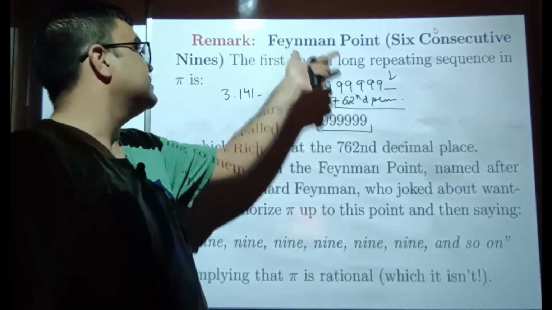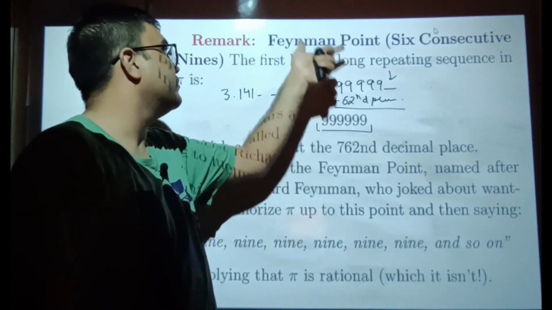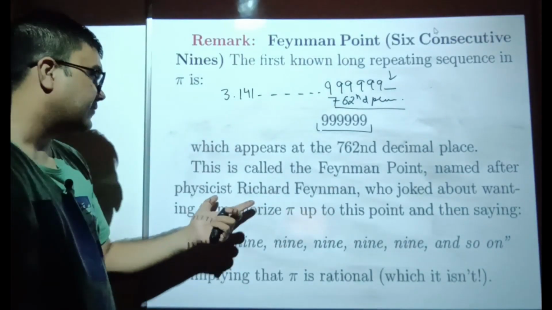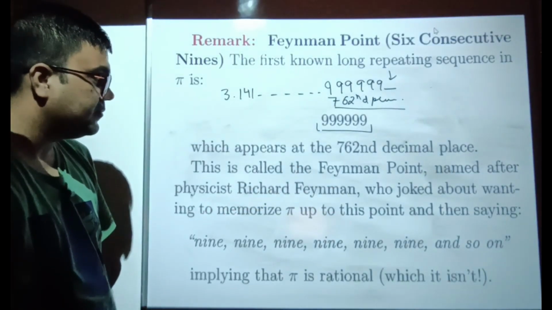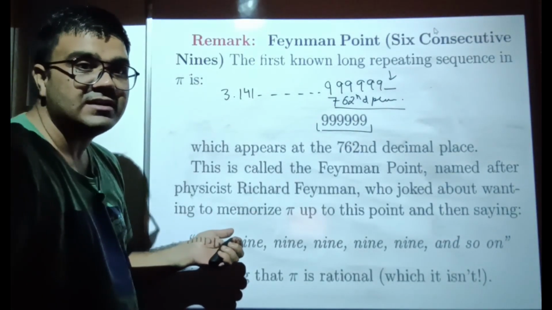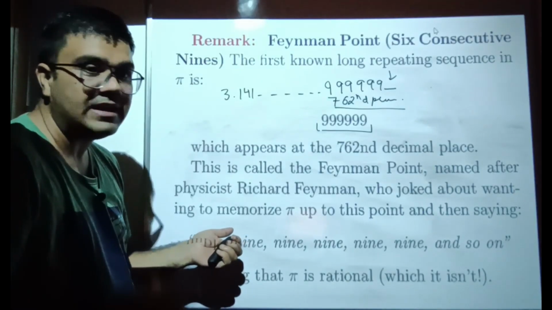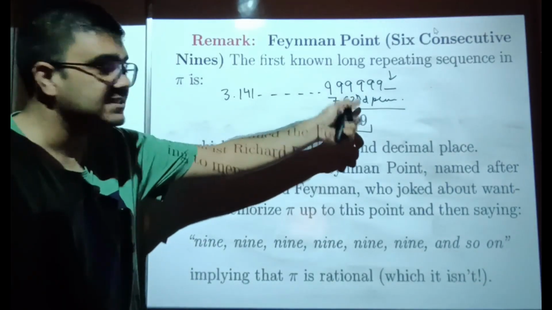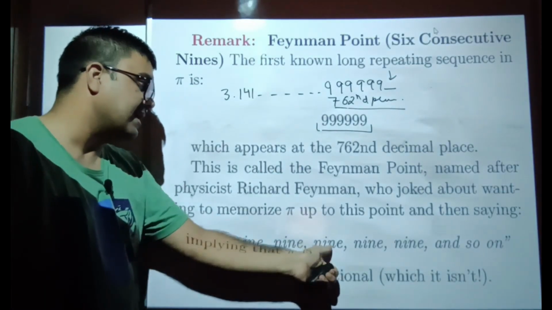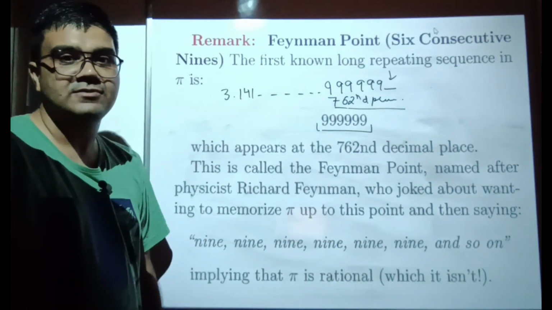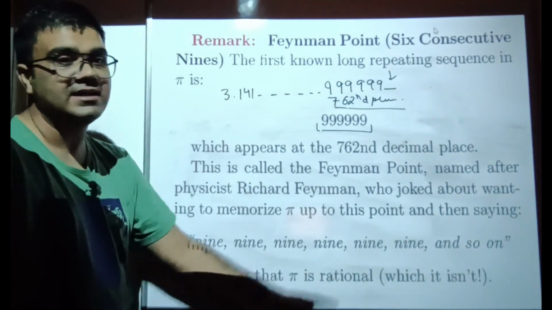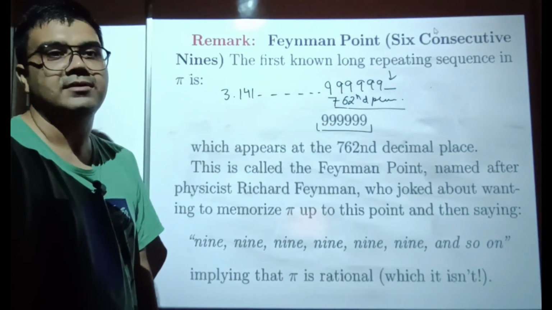Why is this interesting? This is called the Feynman point, named after the physicist Richard Feynman, and he joked about it, saying that if someone memorizes the value of pi up to the 762nd place, he can say after this 9999999 and so on, which implies that pi is rational, but it is not.